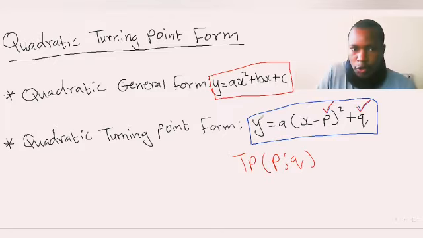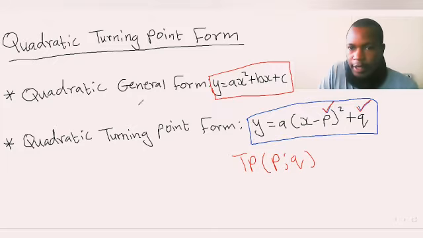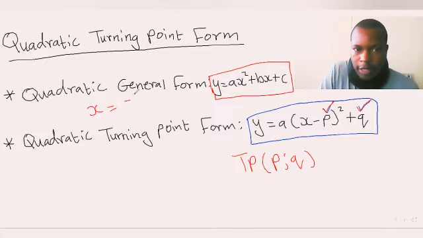So now getting your quadratic general form into the turning point form helps with the turning point itself. So you are able to quickly pick up on the turning point. So now remember that to get the turning point for the quadratic general form, you would need to make use of the x, which equals negative b divided by 2a.